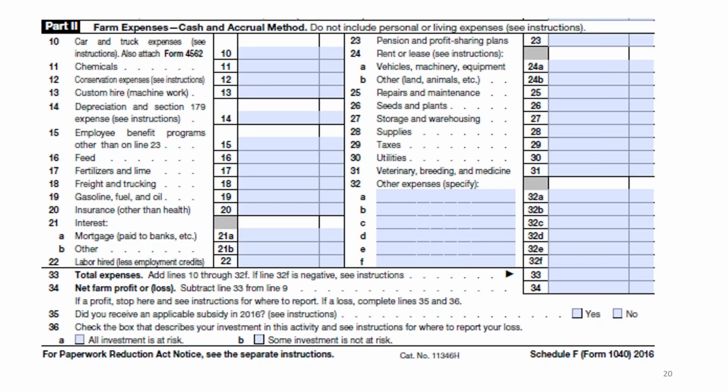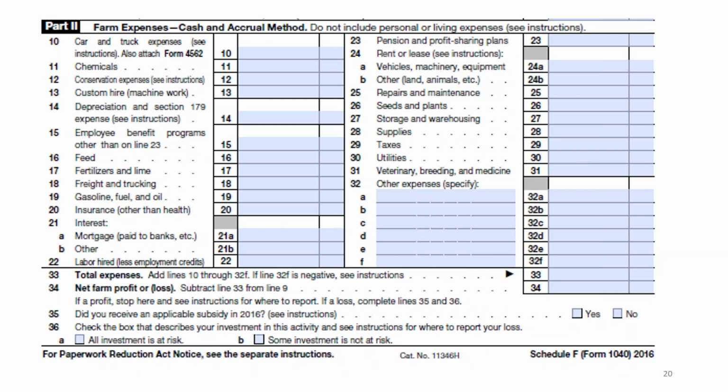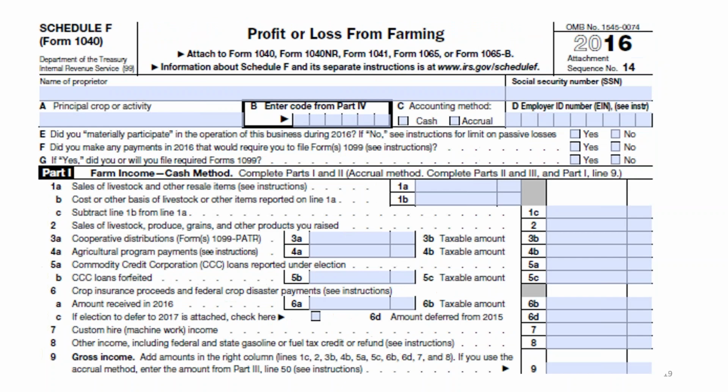So on the Schedule F, thank you. All right. So looking on here, looking for deferral. Could you give me a line that you're looking for? Line 6C.